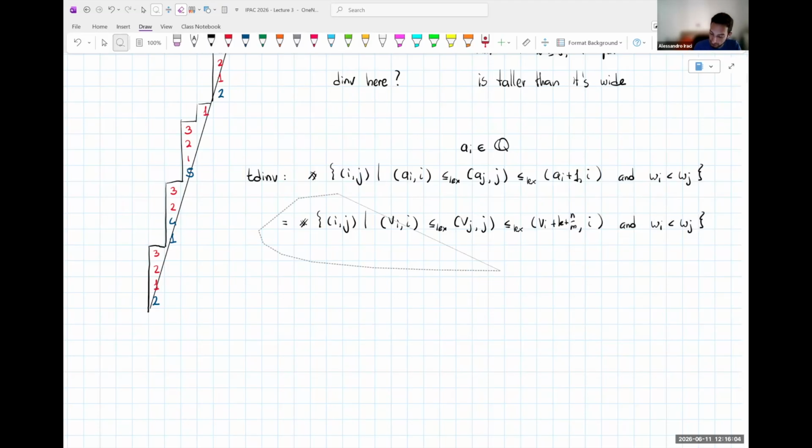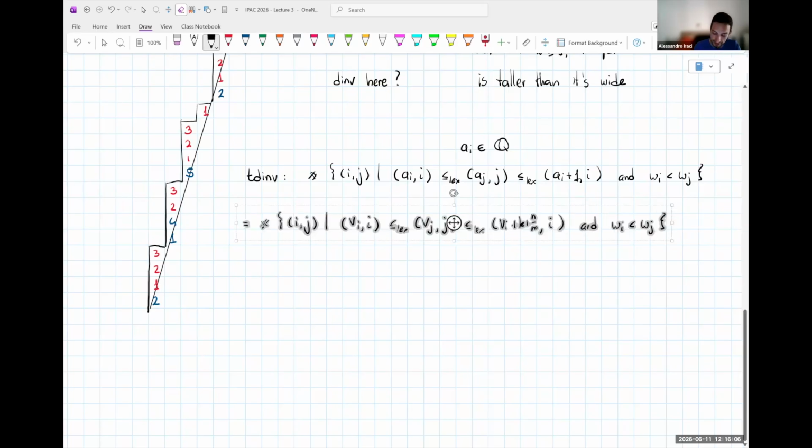So what I'm doing here is saying, okay, instead of looking at the horizontal distance, I'm looking at the vertical distance. The inequality stays the same because, well, all these triangles are similar. So if this is less than this, then this is less than this. So we have the same inequalities, but I have to change this one here with the appropriate number.